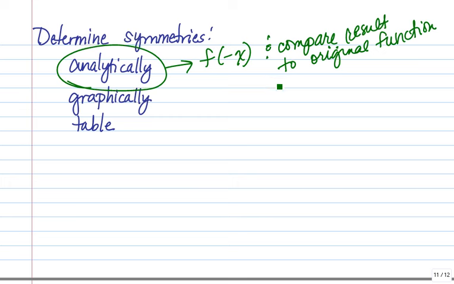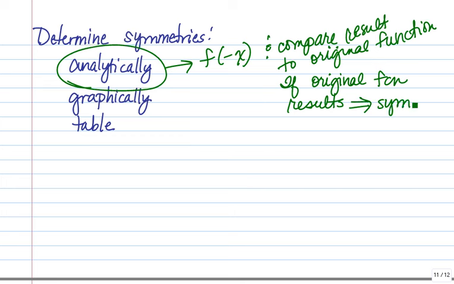So if the original function results, we have symmetry with respect to the y-axis.